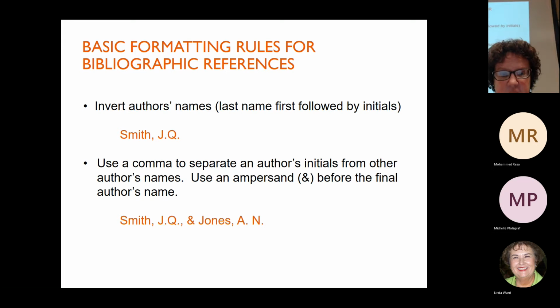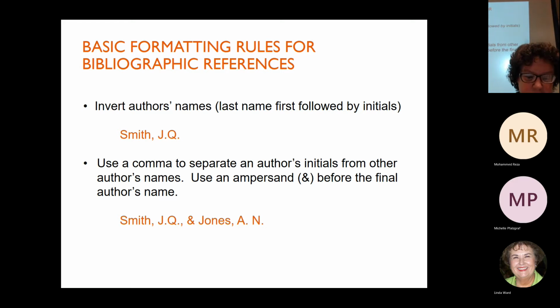Authors' names: last name first, then your first initials. So Smith, comma, then the first initial and the middle initial. And if you don't have a middle initial, you don't worry about it. Use a comma to separate an author's initials from other authors' names.